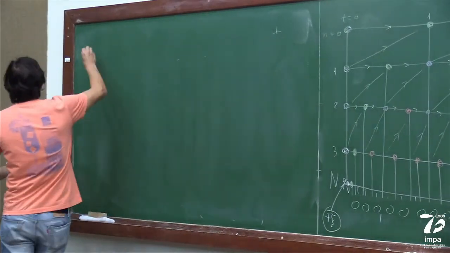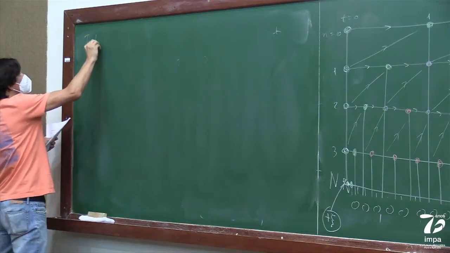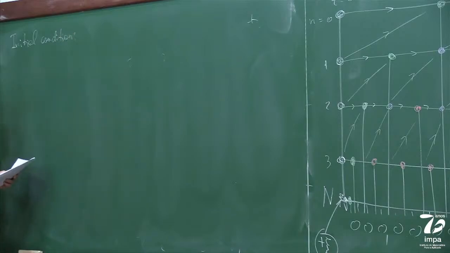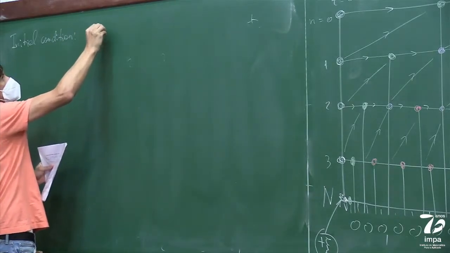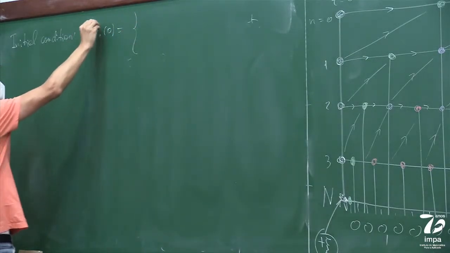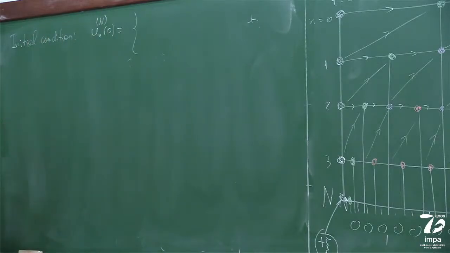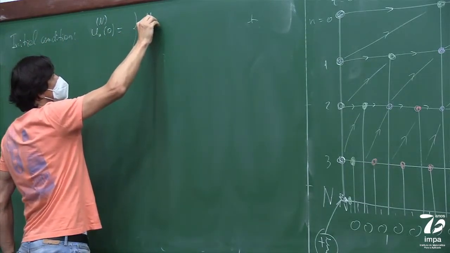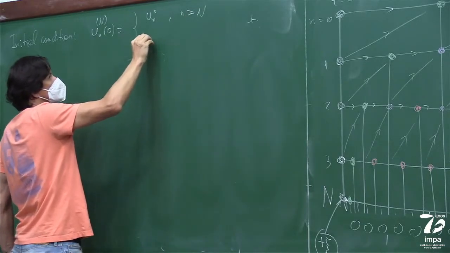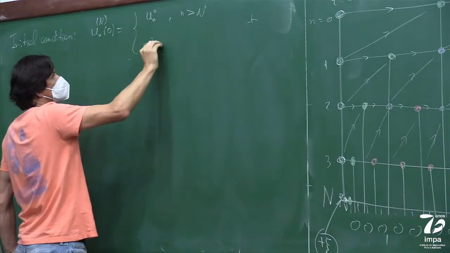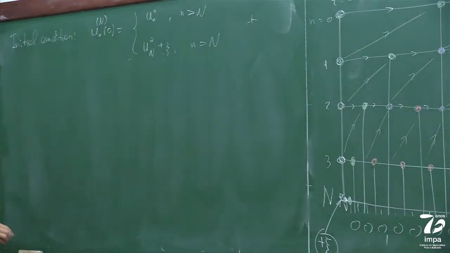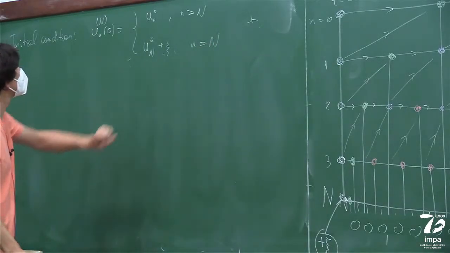So the initial condition, u_n at time 0 for the solution N, is u_n(0) for n bigger than N, and u_N(0) plus xi for n equal N. So we make a small kick here.